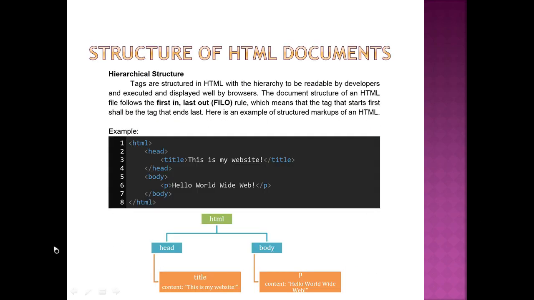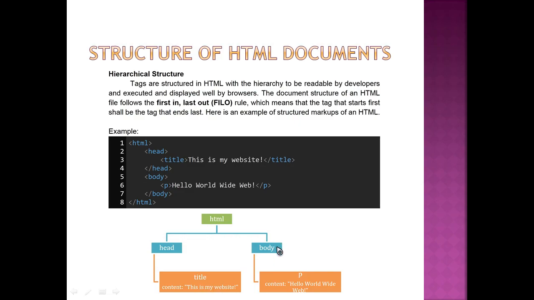And we have the sample hierarchical structure of the HTML, where the HTML tag is the main or the head of the structure, and under it are the head and the body tag, which are the two major parts of the HTML file. And under the head is a title tag, which is part of it.